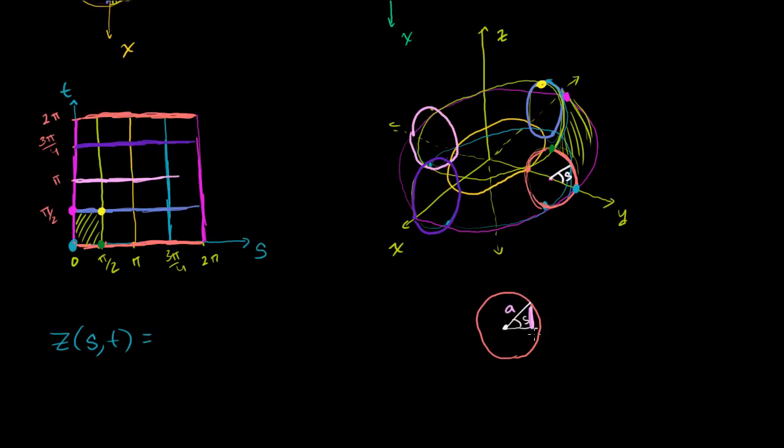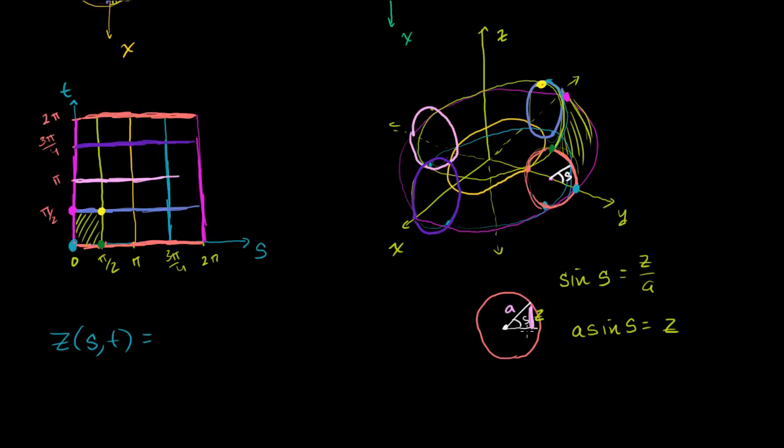We could do SOHCAHTOA and all of that, and you might want to review the videos. But if this is z right there, the sine of s, which is the opposite over the hypotenuse, is equal to z over a. Multiply both sides by a, and you have a sine of s is equal to z.